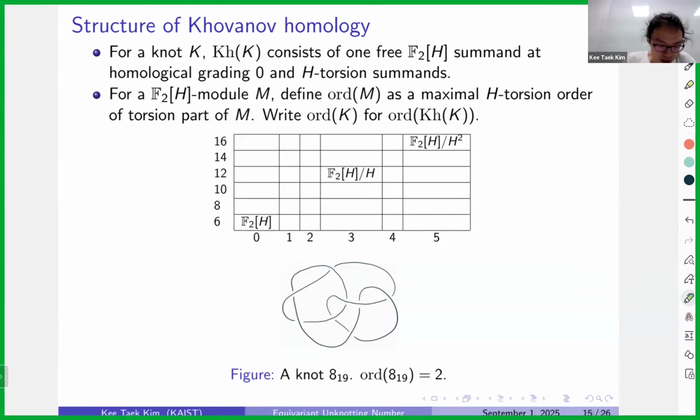I should remark that technically in this talk this should be called reduced Khovanov homology. I'm sorry, but please forgive me for just calling it Khovanov homology in this talk.